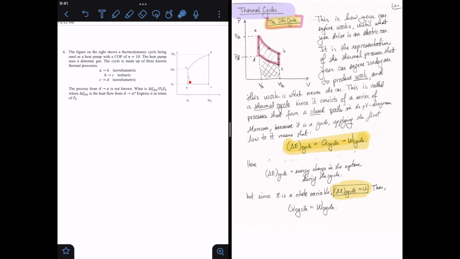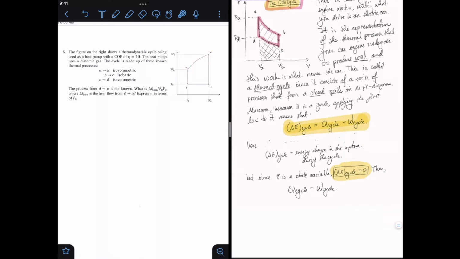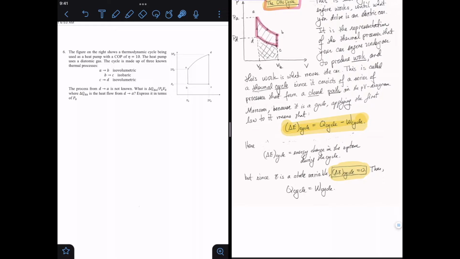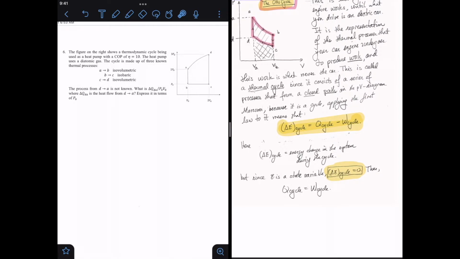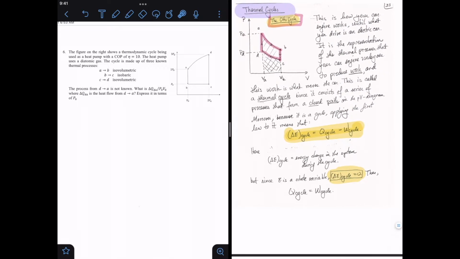Because we're always going to return to that initial state as we're moving through that closed path. And so we can model Q of the cycle as equal to W of the cycle, okay? And so that means that we can use some general equations when we address these thermal cycles, where we're relating work and heat as things change. So let's go ahead and get started.